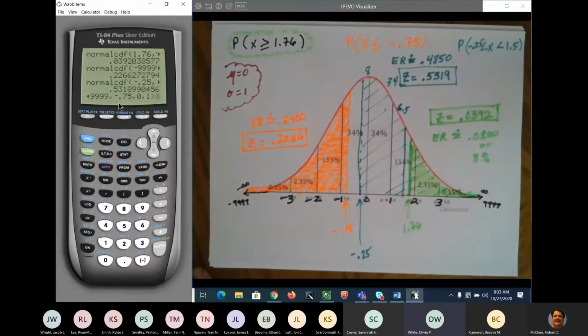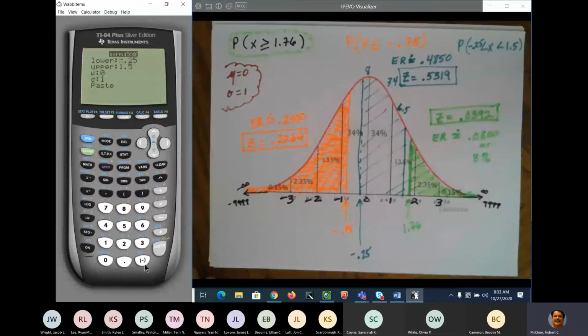So you're putting that as the lower? As the upper. See, the lower is negative 9999. Upper is negative 0.75. I'll go ahead and do it again. Second, vars, normal CDF.